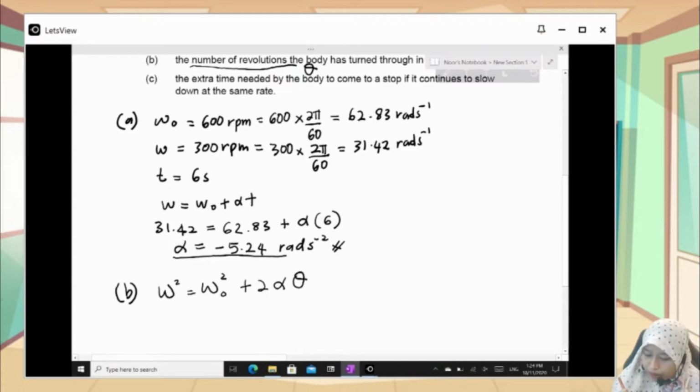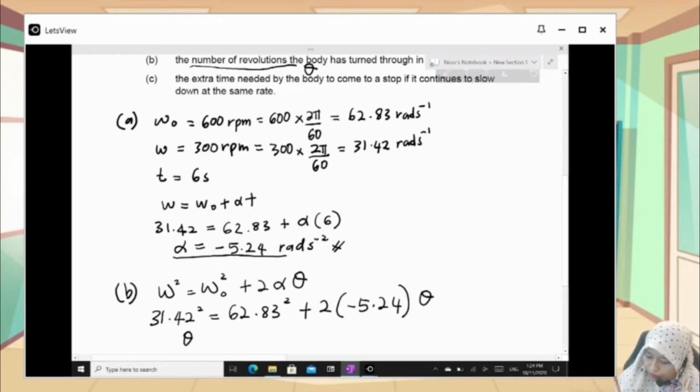So omega is just now 31.42 squared. Omega naught is 62.83 squared plus 2 negative 5.24 theta. So we want to find theta.